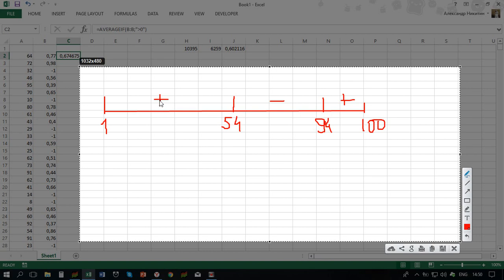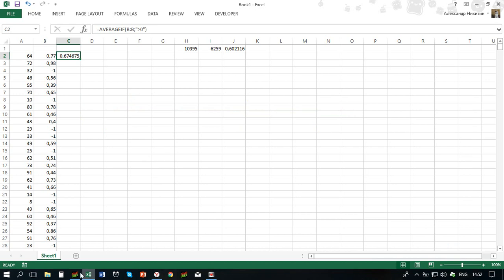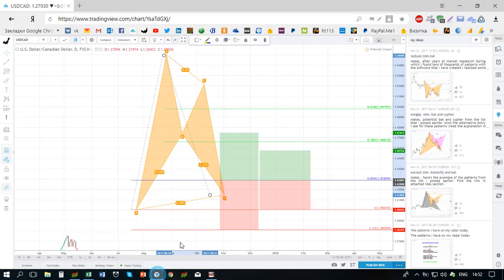So if it is less than 54, it is a winner, and with the risk to reward we will calculate which. And if it is more than 54, we will calculate a bit different risk to reward. Okay, what is that?